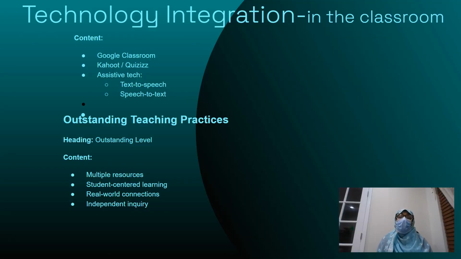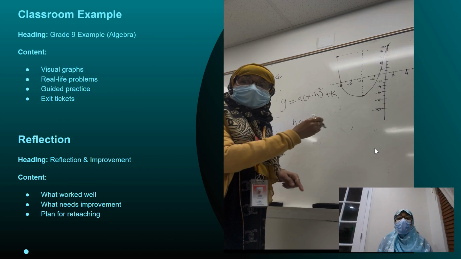It could be technology integration: Google Classroom, Kahoot or Quiz. Assistive tech: text to speech, speech to text. And outstanding teaching practices at the outstanding level: multiple resources, student-centered learning, real world connection, independent inquiry.